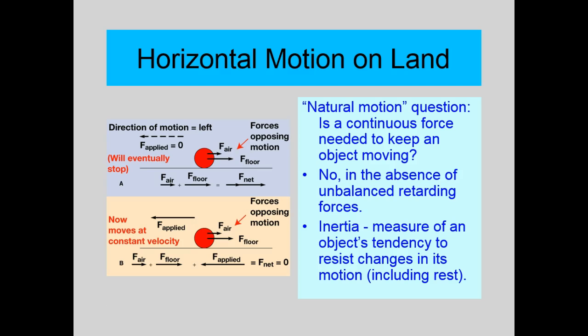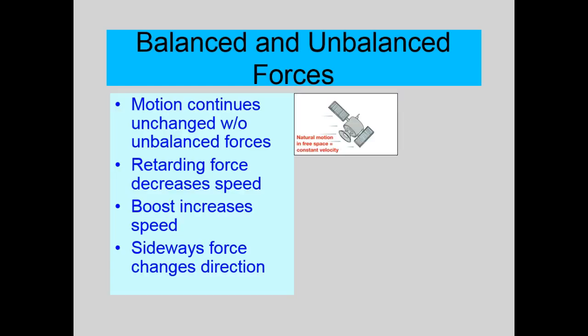Again, even at rest, there's a tendency to resist a change of its motion. That's a measure of inertia. We're going to talk about how we describe that measurement a little bit later, but hang on to the concept. This will be in the next lab. Two labs from now we'll talk about this.